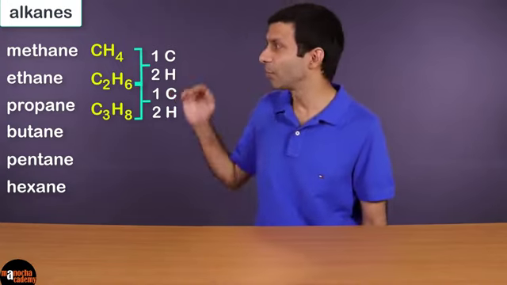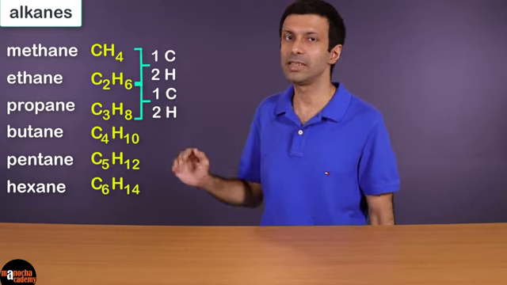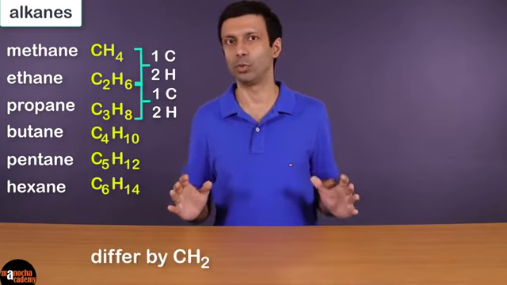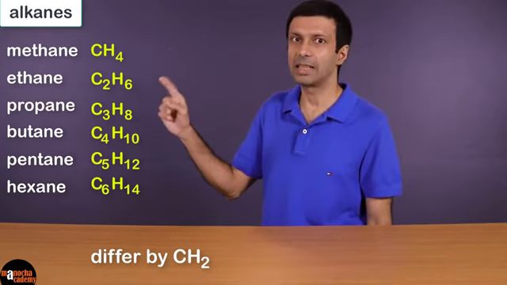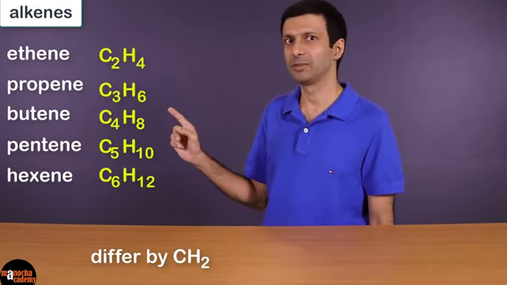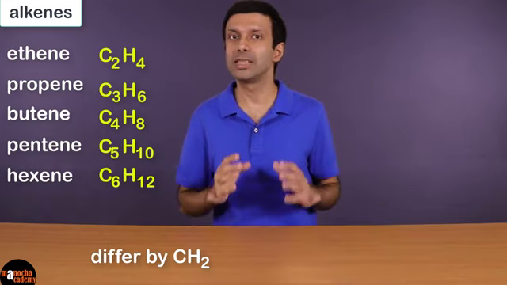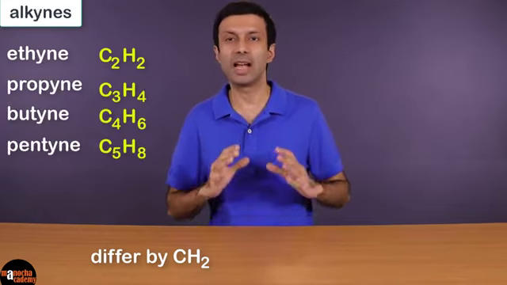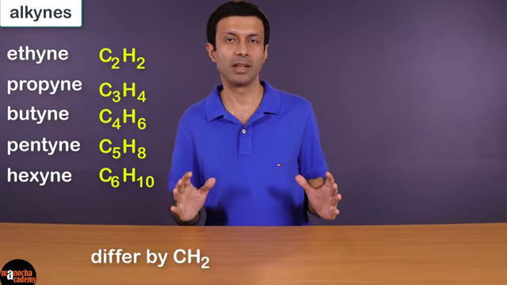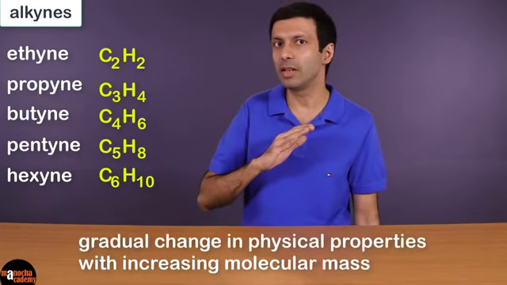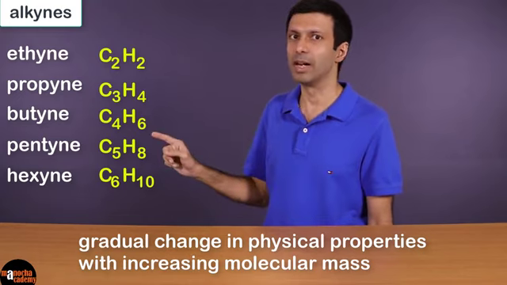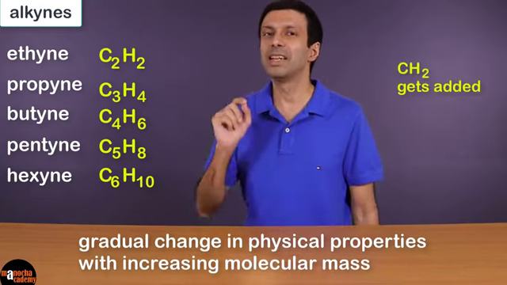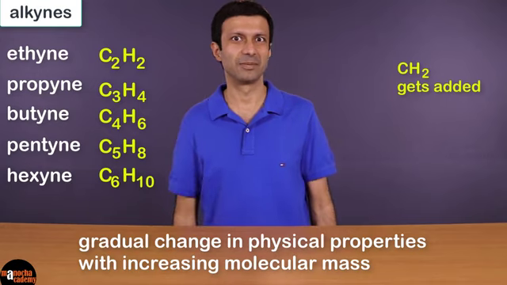So successive compounds in a homologous series differ by CH2. And you'll notice this similar pattern for alkenes and alkynes. So homologous series are a group of compounds having similar chemical properties, but they see a gradual change in physical properties with increasing molecular mass, because every time CH2 gets added.